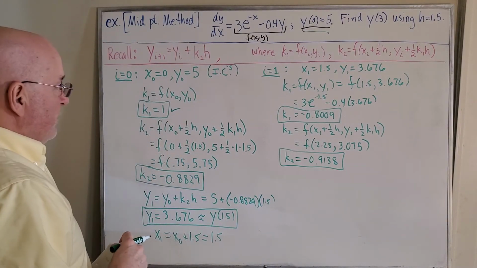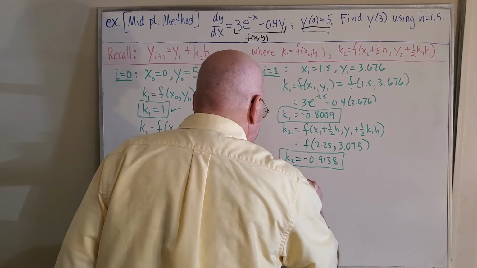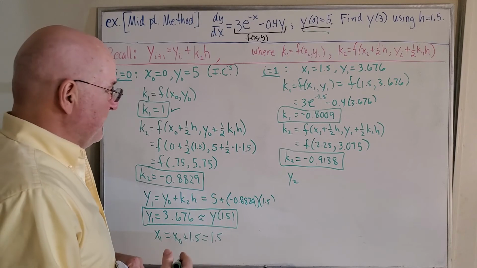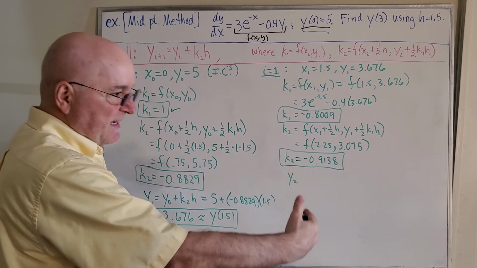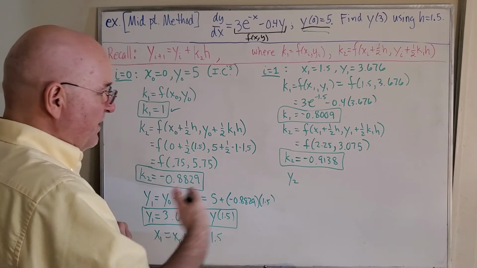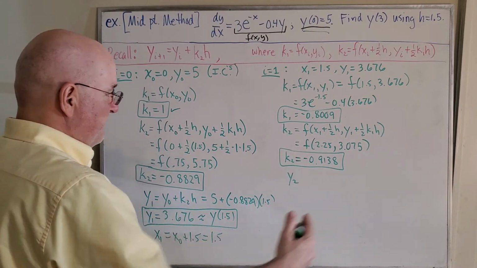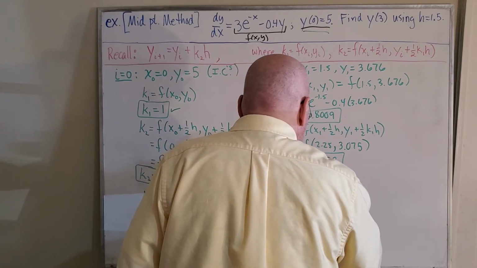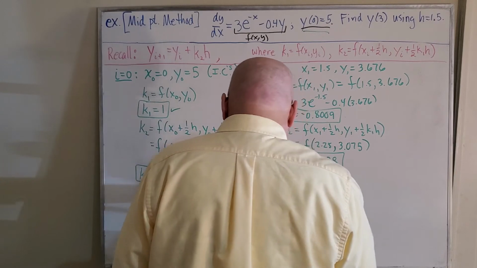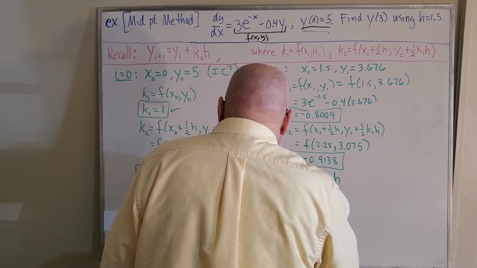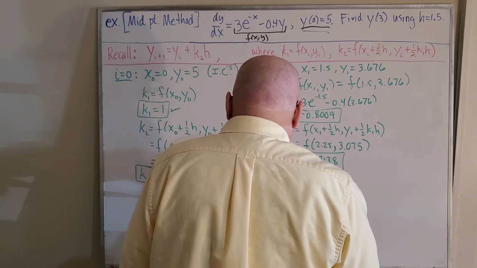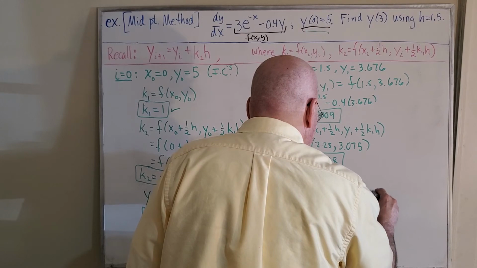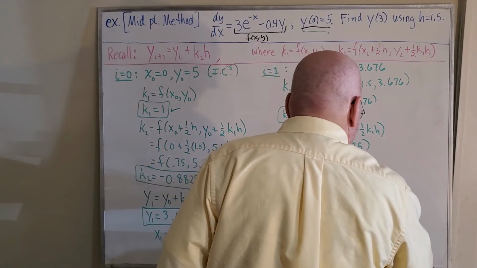So finally, we need to compute y2. y2 is, of course, our estimate of y at time 3, because it's our 0, 1st, 2nd step, taking us out to 3, going 1.5 at a time. That's equal to y1 plus k2h. So this is equal to 3.676 plus negative 0.9138 times 1.5.